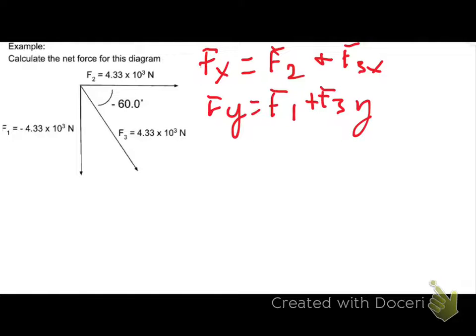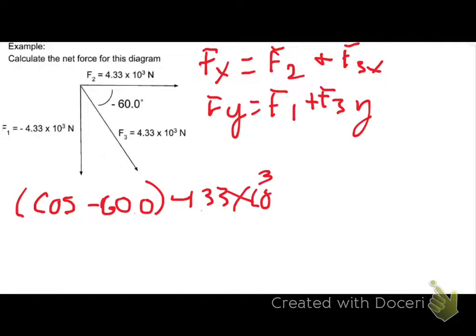In order to solve for F3x, we need to do cosine of negative 60 times F3, which is that 4.33 times 10 to the 3rd, which should come out to 2.16 times 10 to the 3rd newtons.